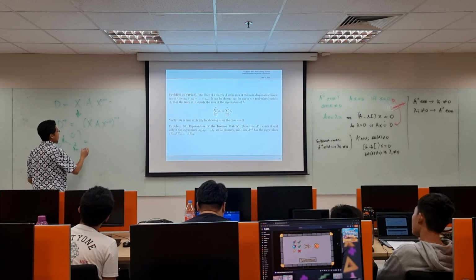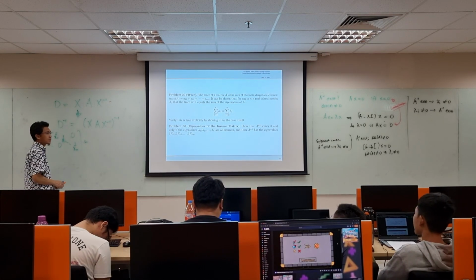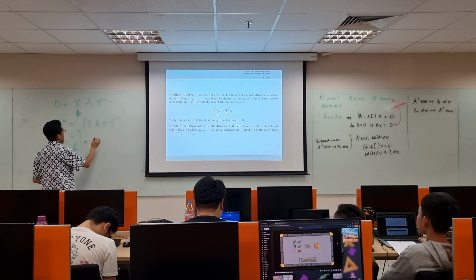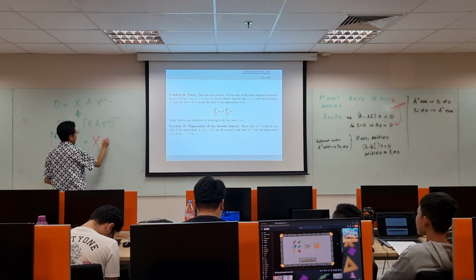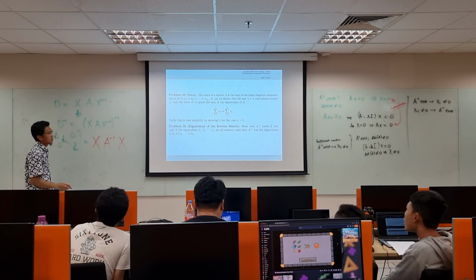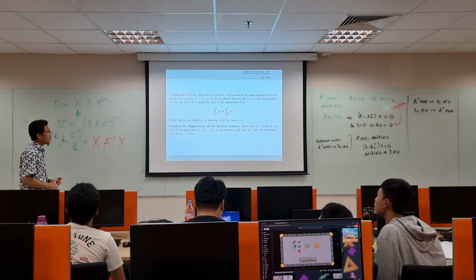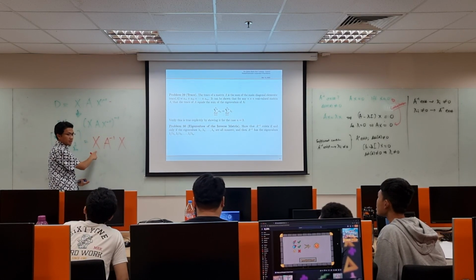Okay, what happened with the inverse on the right side? What does it become? A inverse times identity. It becomes X A inverse times X. You remember the inverse of the product, you flip the order.